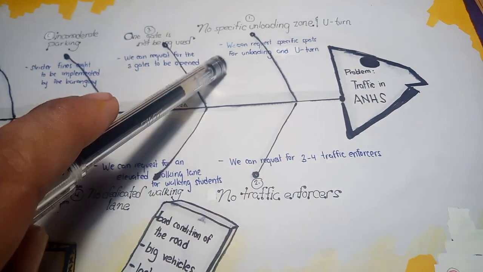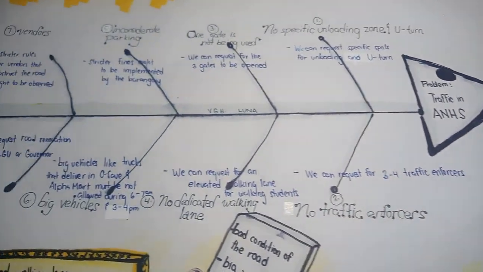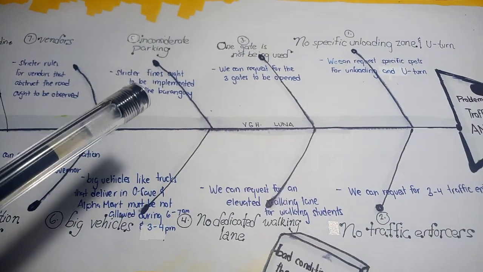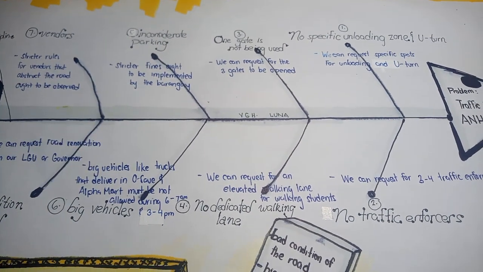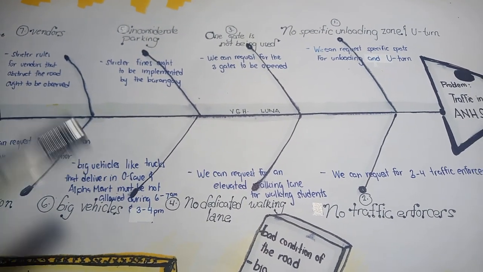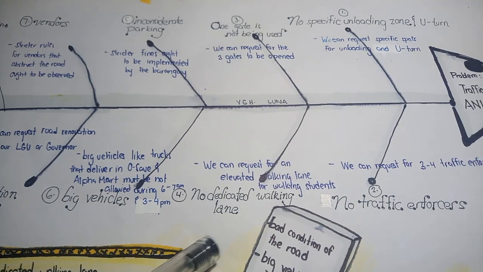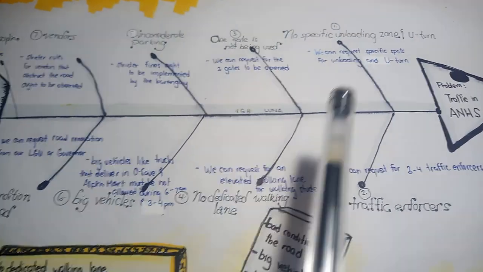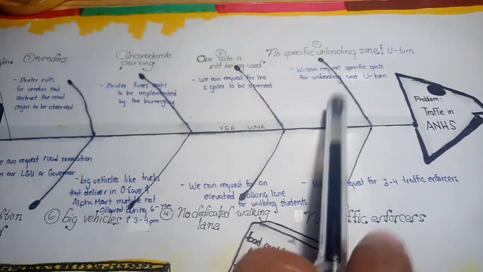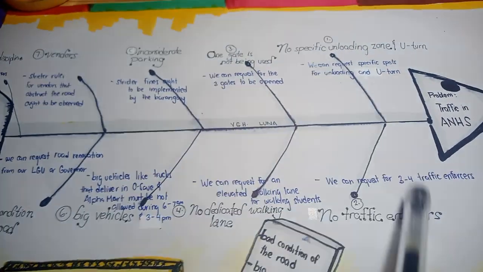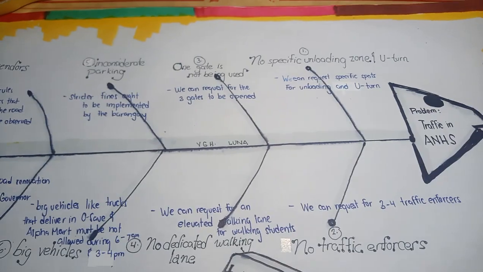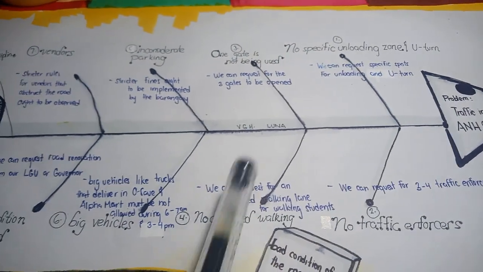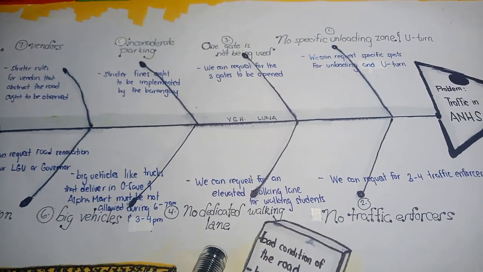Yan talaga yung mabibigat na cause. Na sanhi, and yung gate, hindi nagamit yung gate sa likod, so makakatulong sana yon. And no dedicated walking lane, kahit saan naglalakad ng mga students. You can see dito, spine ba, first bone, yung talaga yung mabibigat.